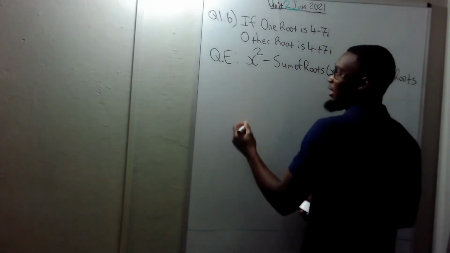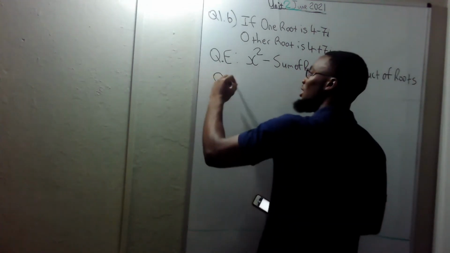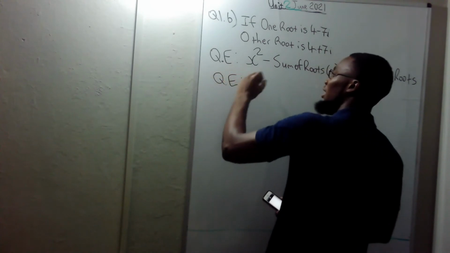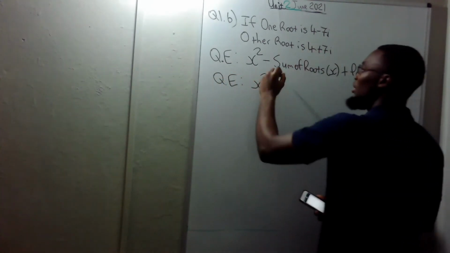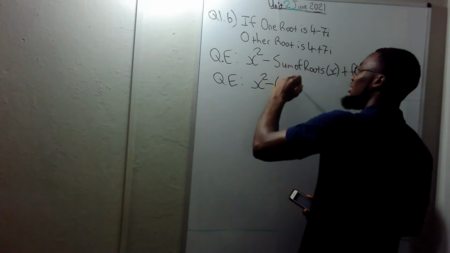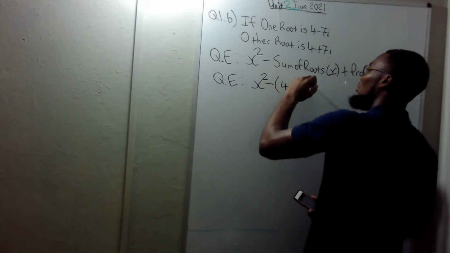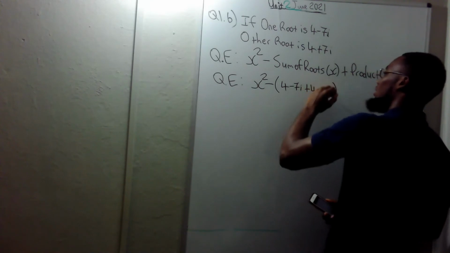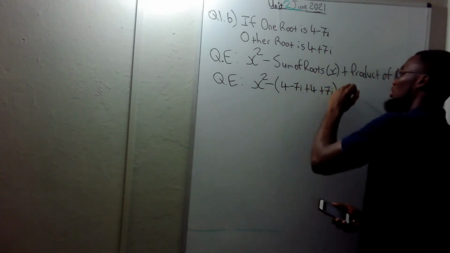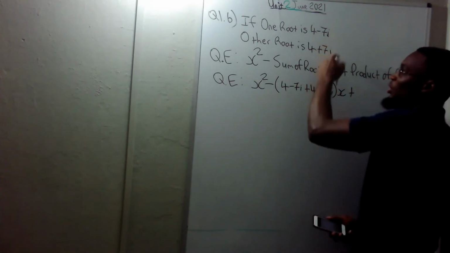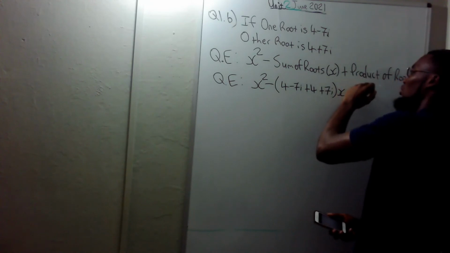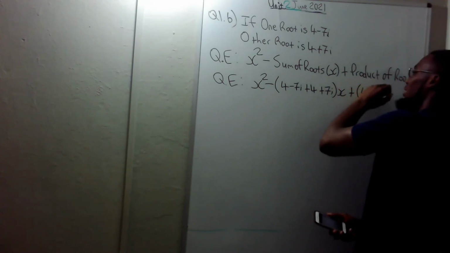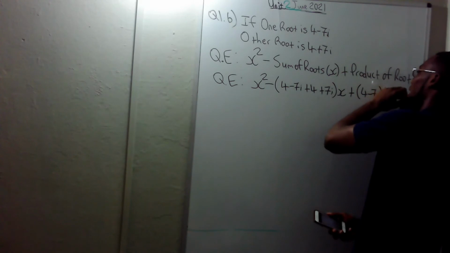So the quadratic equation in this case is going to be x squared minus the sum. The sum is 4 minus 7i plus 4 plus 7i, times x plus the product of the roots. To multiply these two, 4 minus 7i times 4 plus 7i.